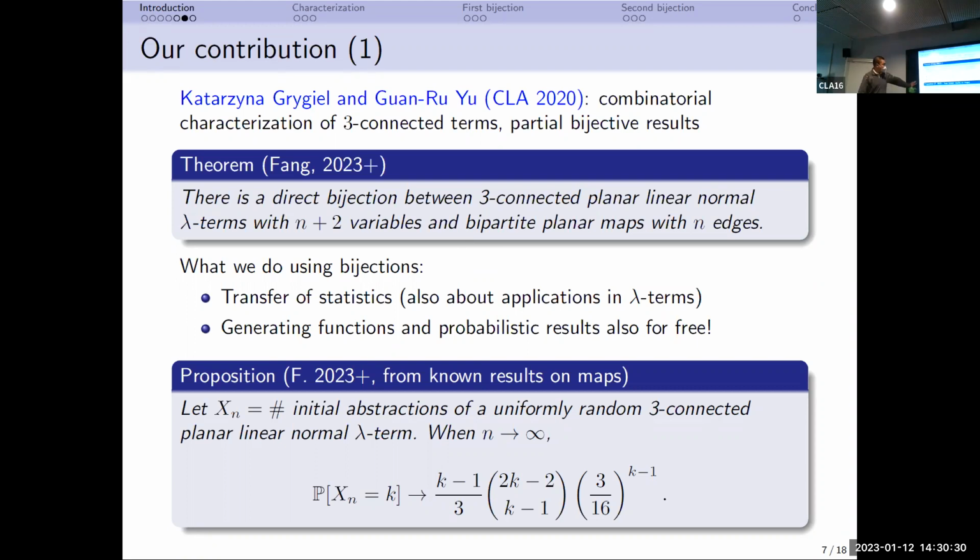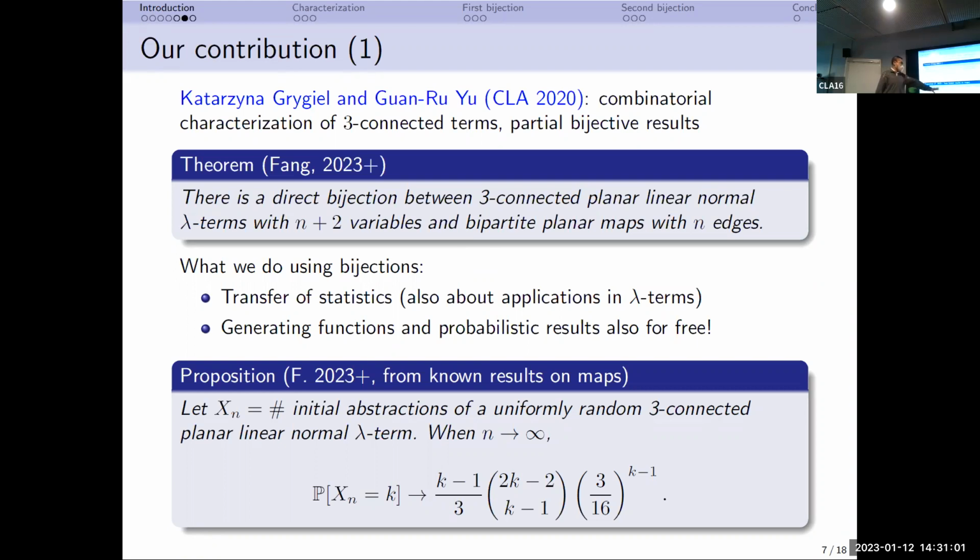For example, if we take a very, very large free connected lambda term, and then we count the initial abstraction, so the initial chain of abstraction, how long is it? It's a random variable, of course. And in fact, the distribution converges to something that's very close to a geometric distribution.